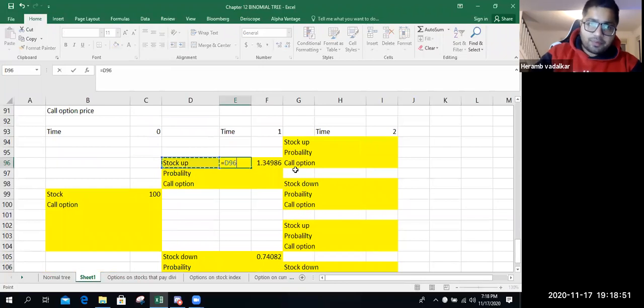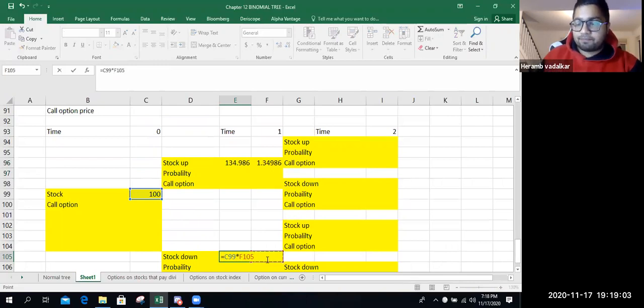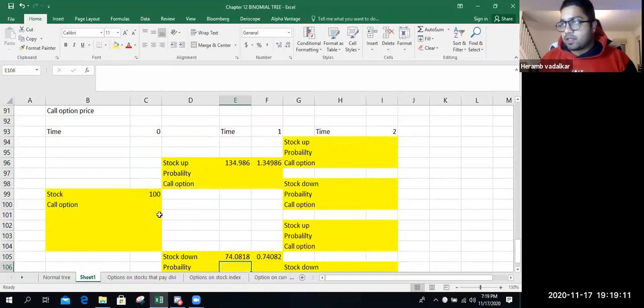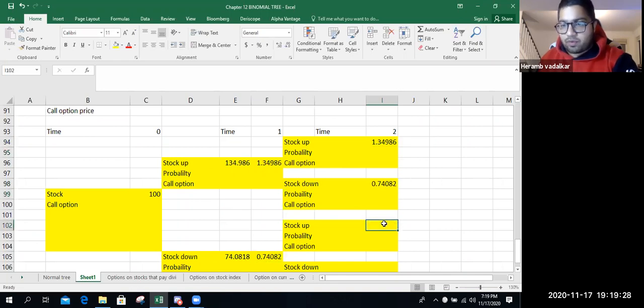So if stock moves up, it will be 100 into U. If stock moves down, it will be 100 times D. Again, the stock can move up or stock can move down. From here too, stock can move up or stock can move down.